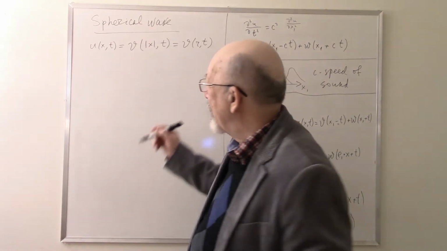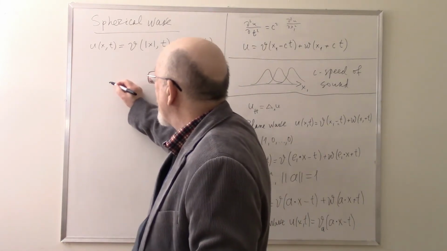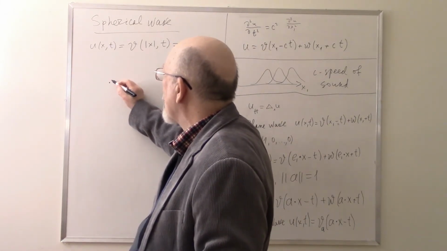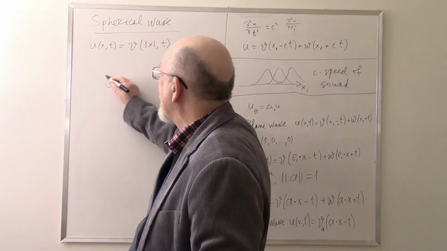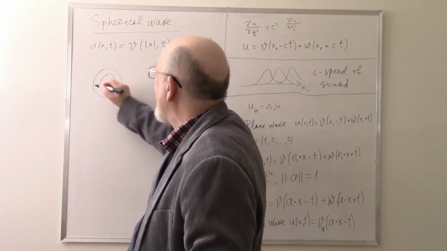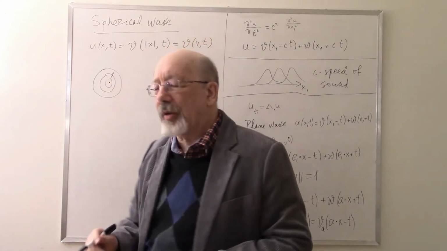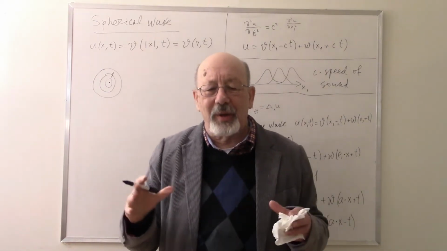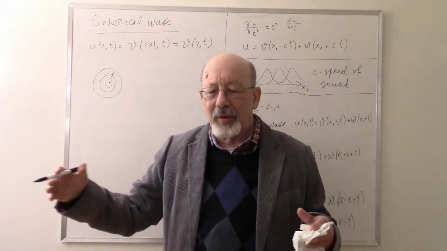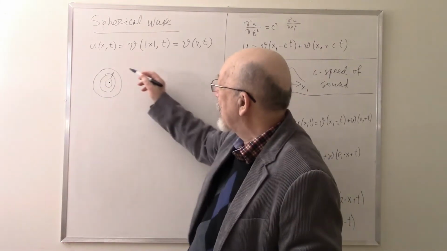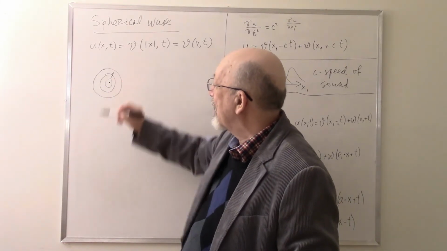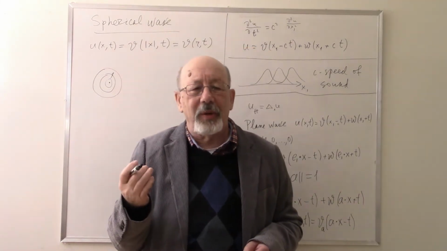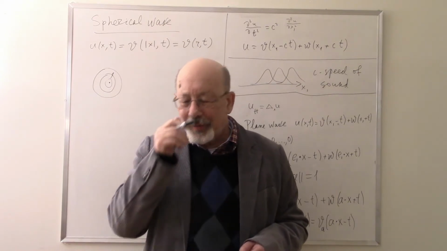So we can imagine that at the origin there is some source of waves, and these waves propagate from this source in all directions, and the result will depend only on time and on the distance to the source of these waves.